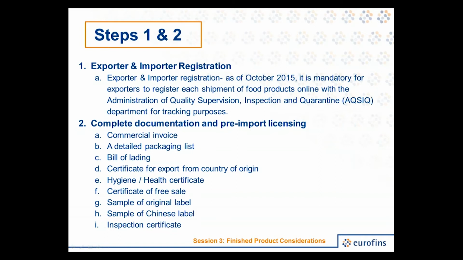And as of October 2015, it's mandatory for exporters to register each shipment of food products online with the Administration of Quality, Supervision, Inspection, and Quarantine for tracking purposes. The acronym for this organization is AQSIQ. Step 2 is to complete the documentation and pre-import licensing.